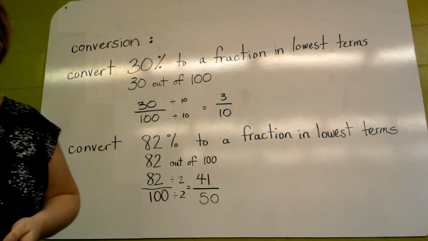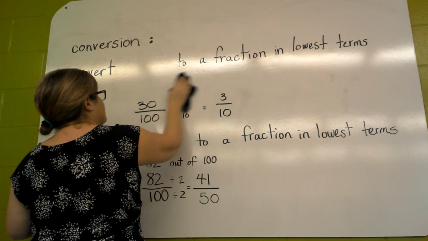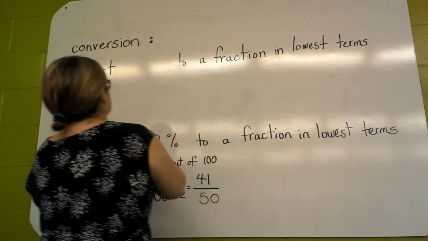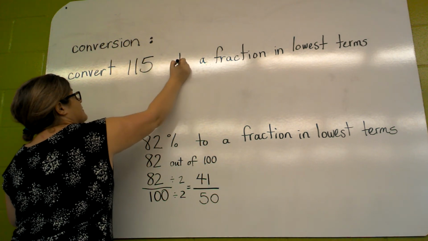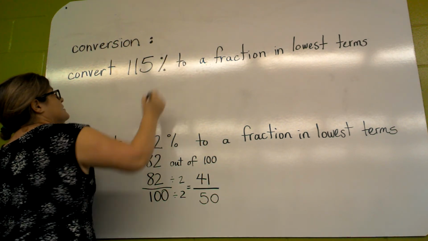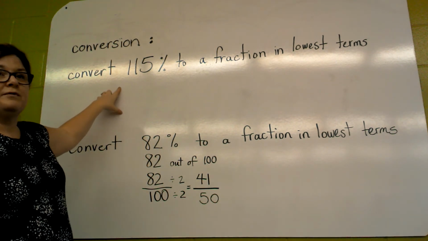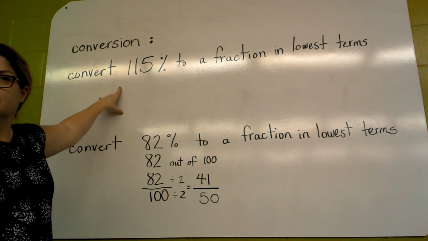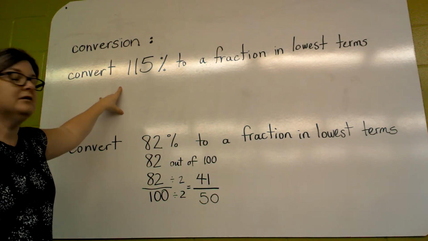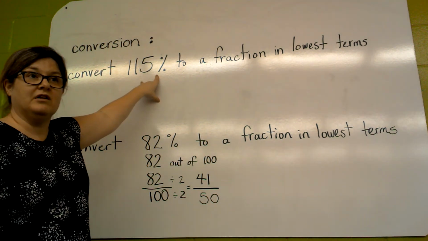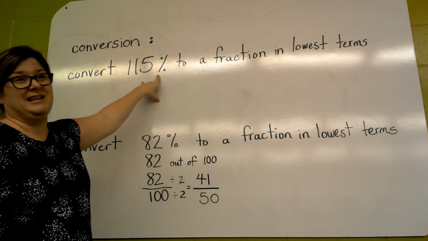One more. Ready? Convert 115% to a fraction in lowest terms. Okay? What do you notice about this one? Well, we notice right away that unlike our first two examples, it's greater than 100%.